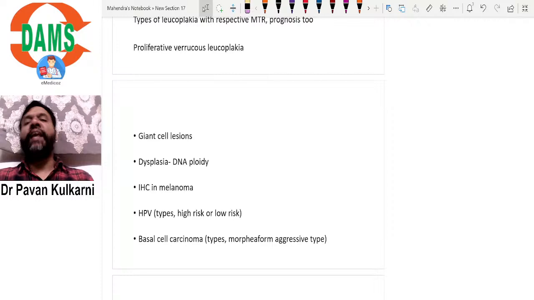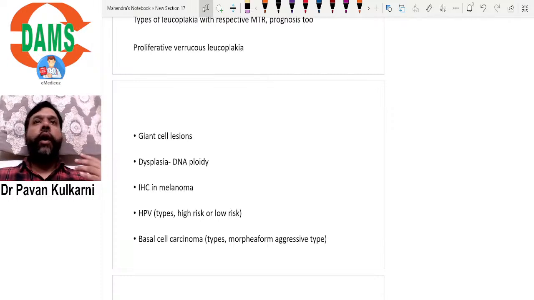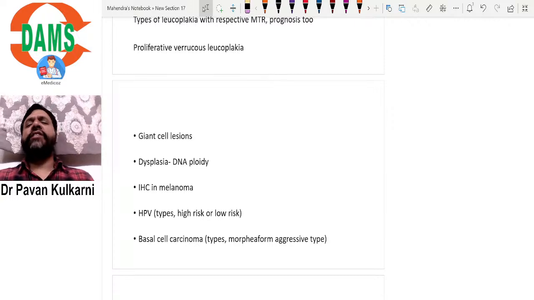All those markers are very frequently asked. Then we are supposed to know about the HPV types, high risk type, low risk type. For example, in oral cancer or in leukoplakia, you will see definitely high risk type. HPV 16, HPV 18 is frequently seen. Low risk types are nothing but all that non-premalignant.